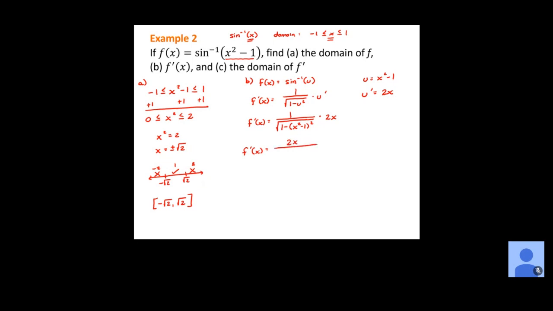So we've got 2x over the square root of 1 minus x squared minus 1 squared, which gives us x to the fourth minus 2x squared plus 1. In this case, the 1 minus the 1 inside the parentheses cancel out. And so we're left with 2x over the square root of negative x to the fourth plus 2x squared.